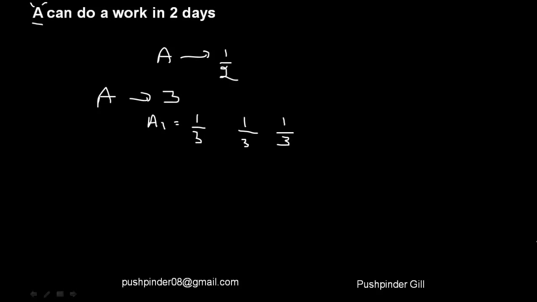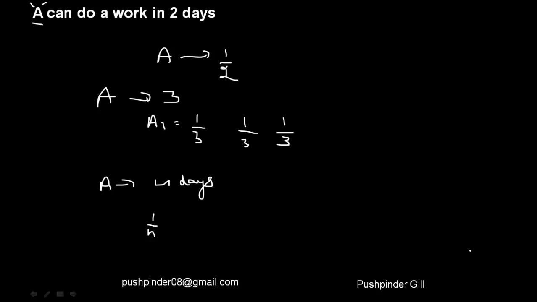Now this is the basic terminology that goes around here. If I want to generalize this and say that A can do a work in n days, that means every day he'll be finishing 1/n of the work.